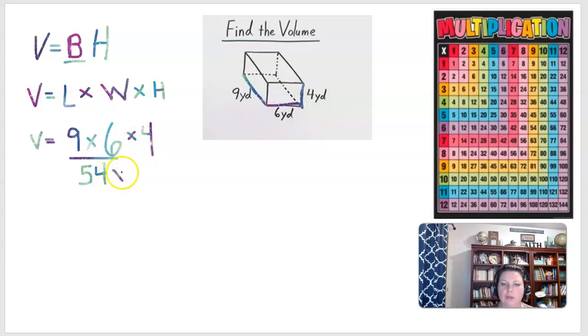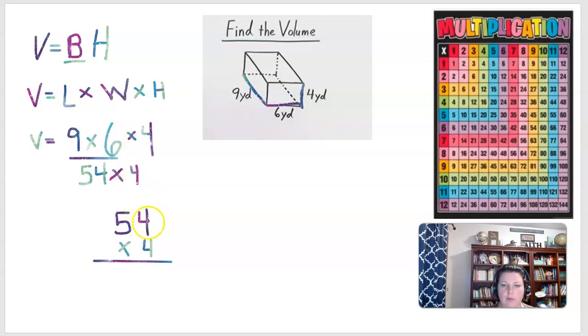Now I need to multiply 54 times 4. And I'm not able to do that using the multiplication chart because these numbers only go 0 to 12. So what I'm going to do here is take 54 and multiply that by 4 in a multiplication problem where the numbers are vertical.